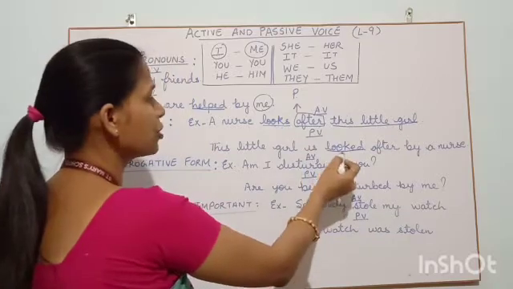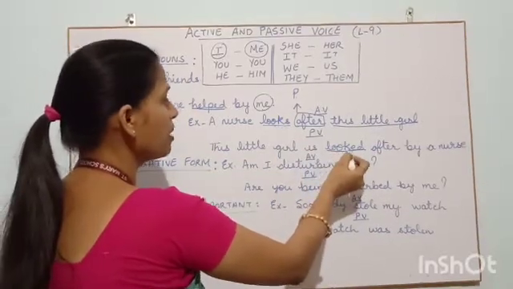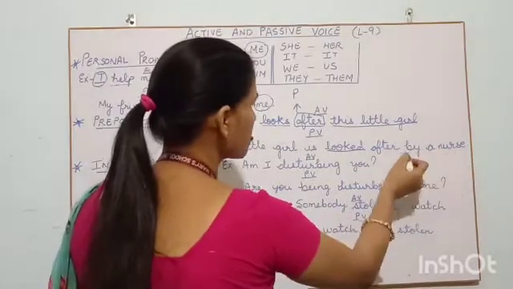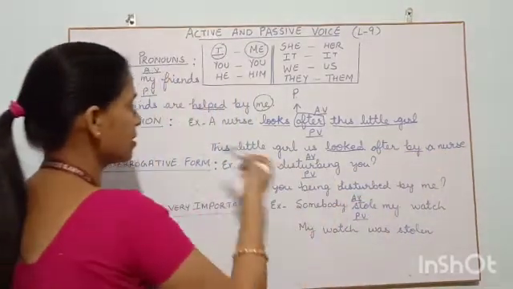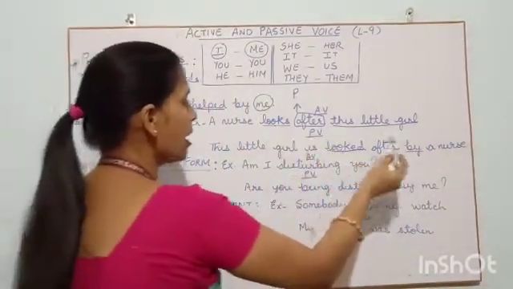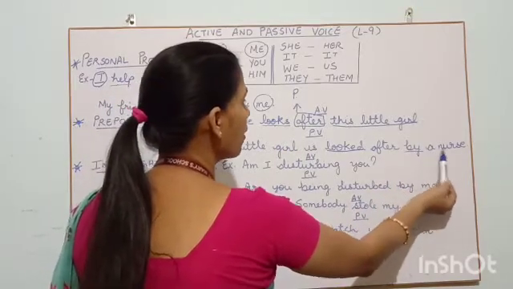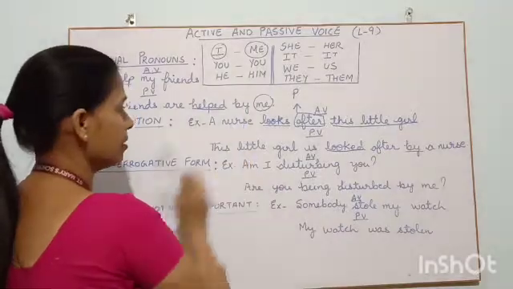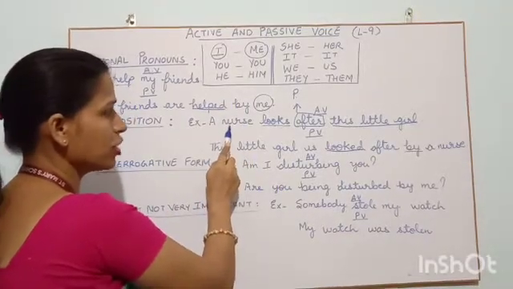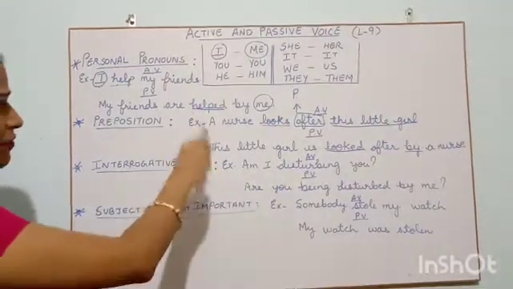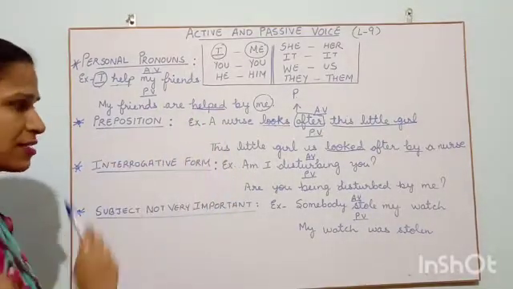But when I have changed into passive voice, it will be looked and then after by a nurse. By we add to make a sentence, to give a sentence a beauty, and it is generally used, I have told you. By whom? By a nurse. By a nurse. It was subject. Now here it is object. Any difficulty till here? I am sure you must have understood.